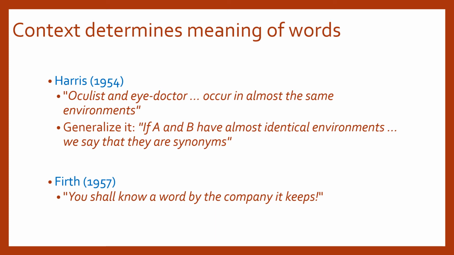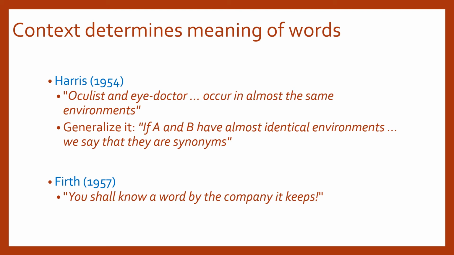They tried to give some examples. When you look at oculist and eye doctor, they tend to occur in almost the same environments. You can relate this to what we discussed about the semantic field.